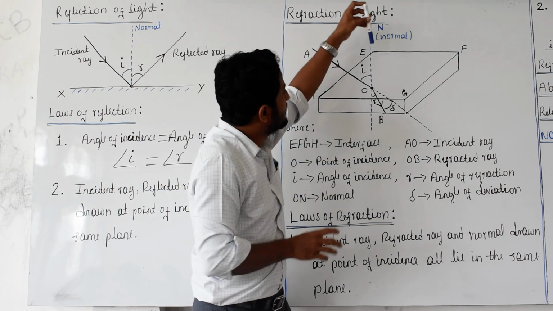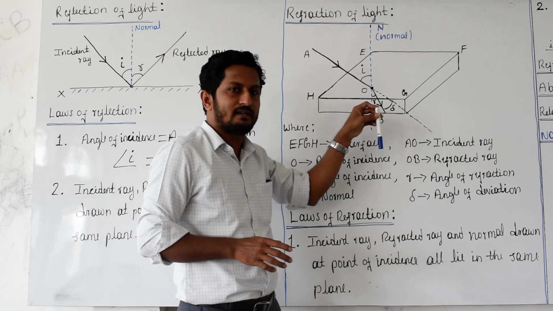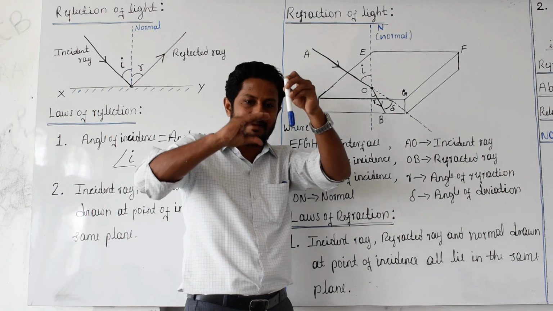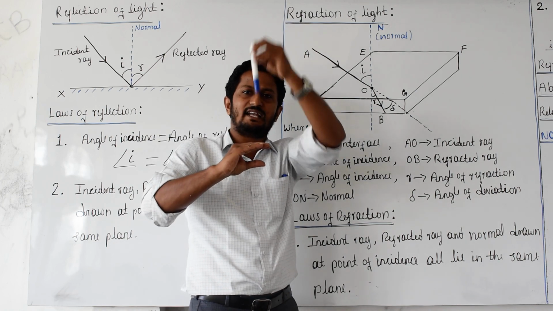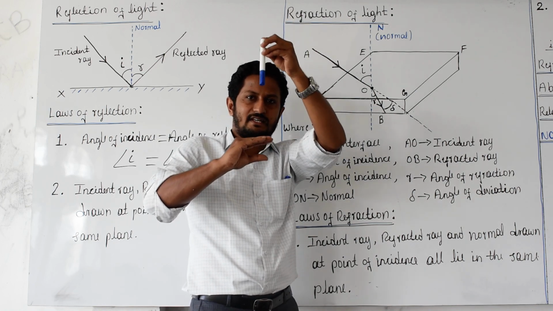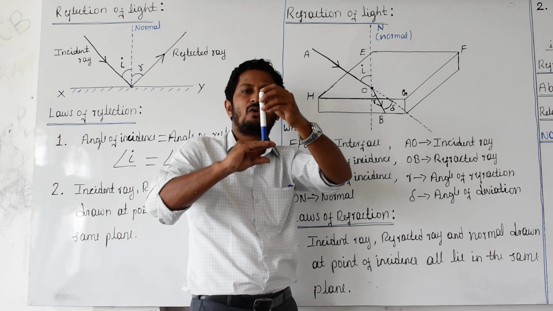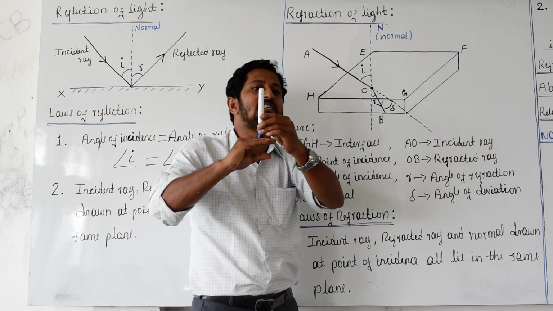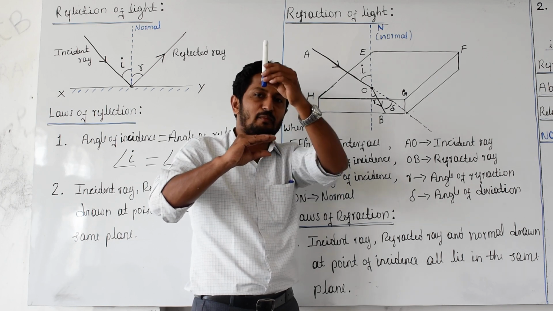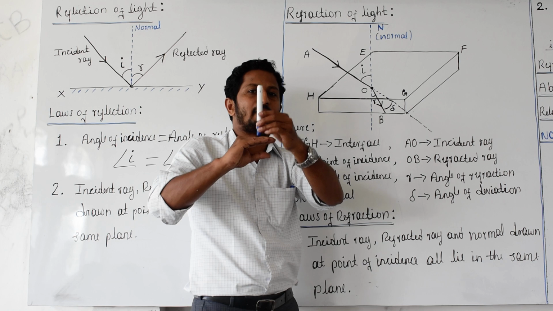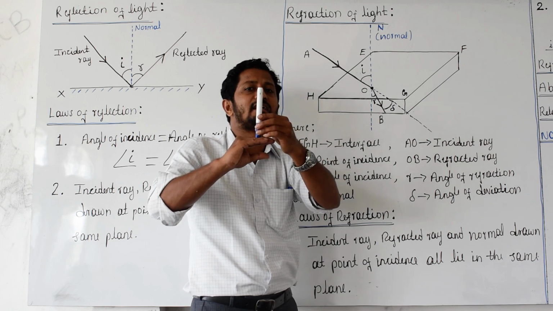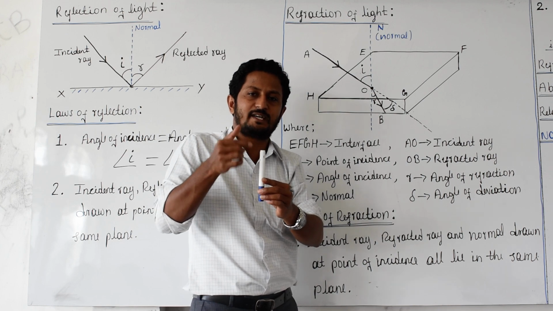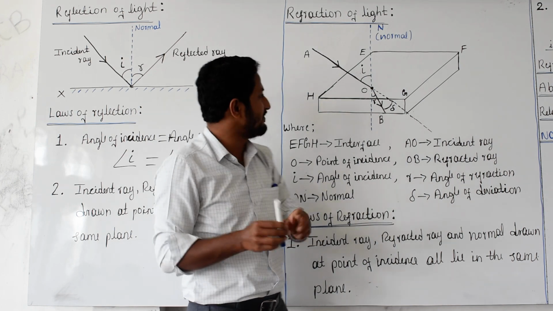If it is hitting the surface perpendicularly, see, this is a glass slab, and imagine this is a light ray. How is it striking now? It is not oblique. It is normally incident, perpendicularly hitting. Then this light ray keeps moving without any deviation.